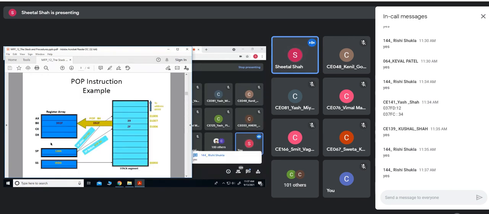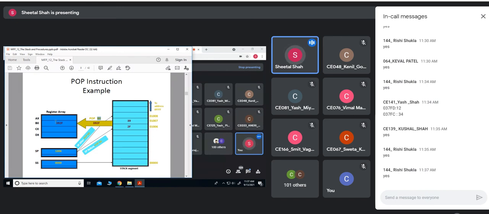Say currently the base address of the stack segment is all zeros, and the stack pointer is at address 1006. Now if I have a pop BX instruction, and at the top of the stack I have 39 as well as 2F, then whatever data is currently in memory, that is 392F, would be copied into the destination specified with the pop instruction, that is BX.